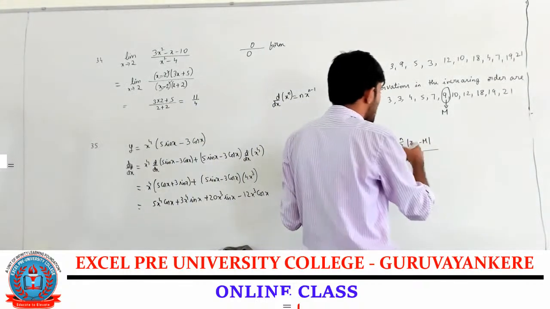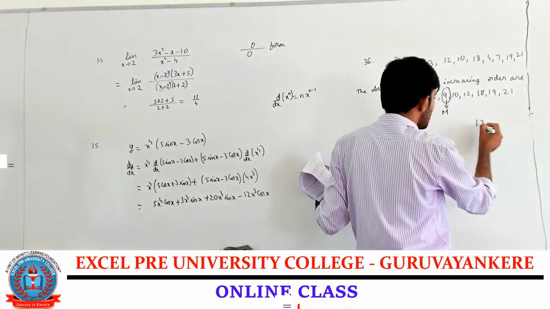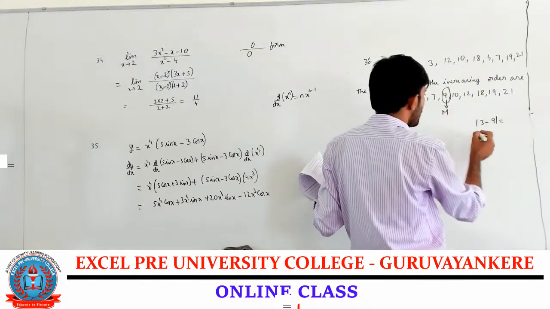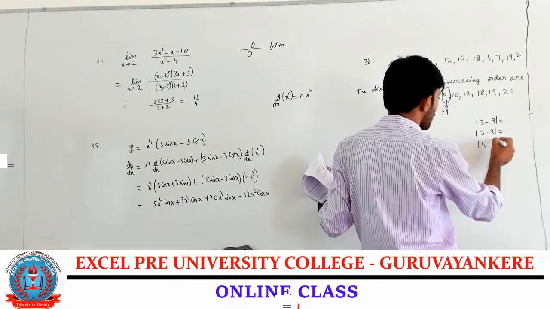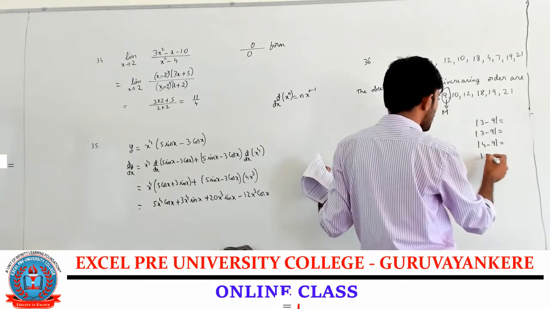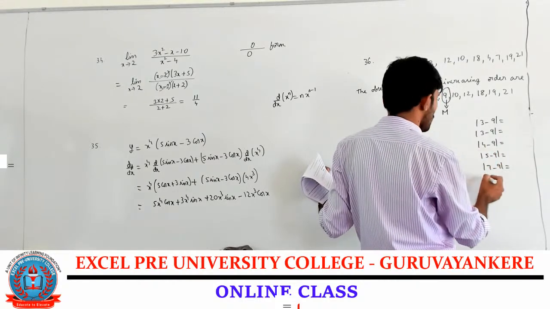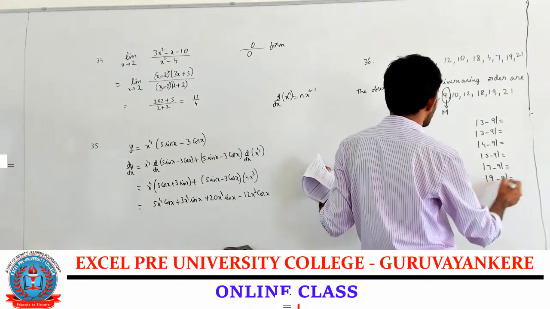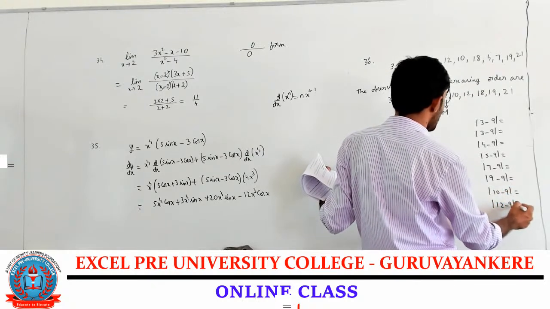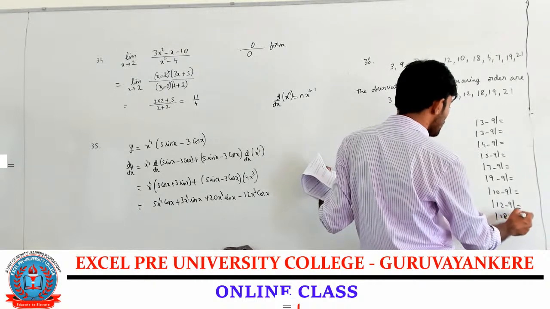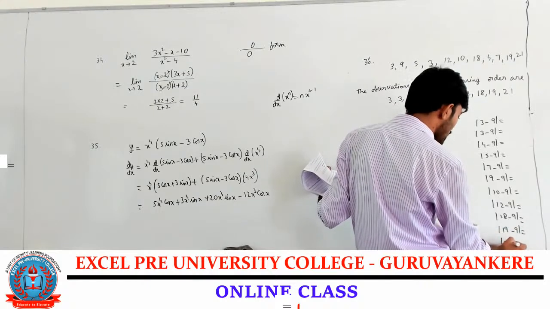So mod of xi minus M: mod of 3 minus 9, mod of 3 minus 9 again, mod of 4 minus 9, 5 minus 9, 7 minus 9, 9 minus 9, 10 minus 9, 12 minus 9, 18 minus 9, 19 minus 9, 21 minus 9.